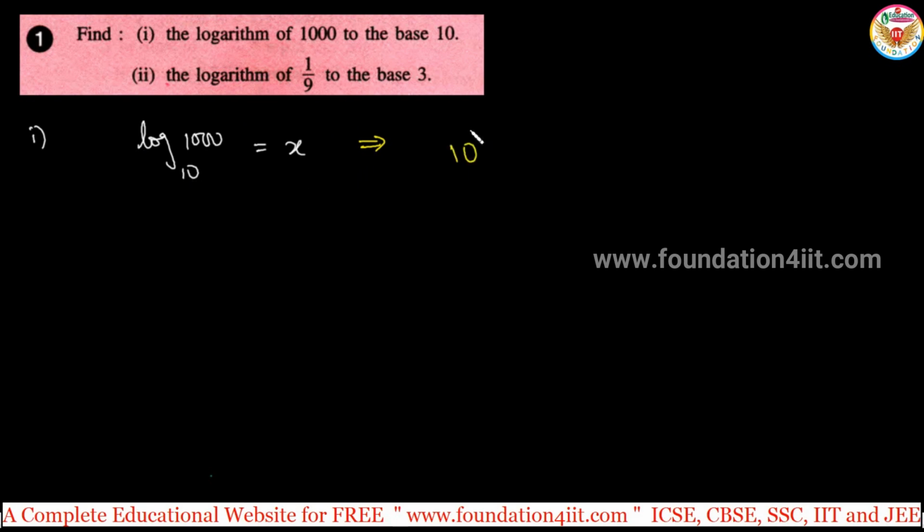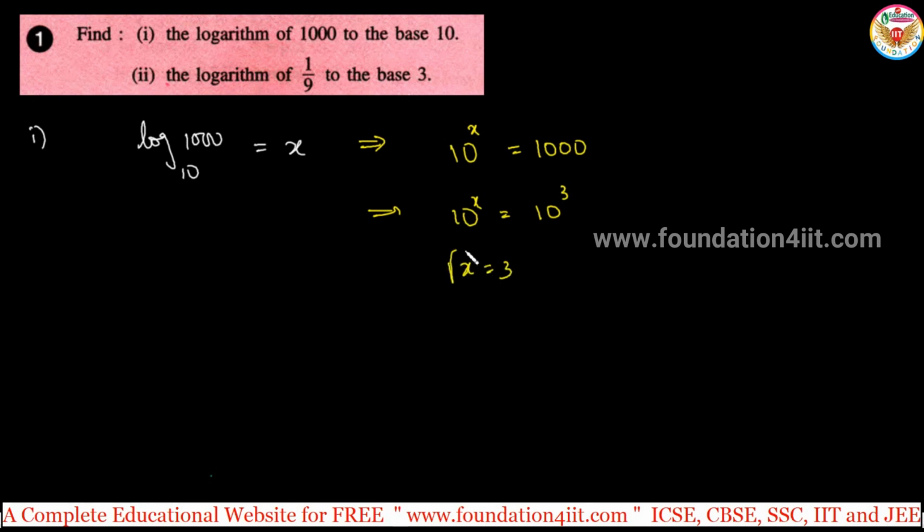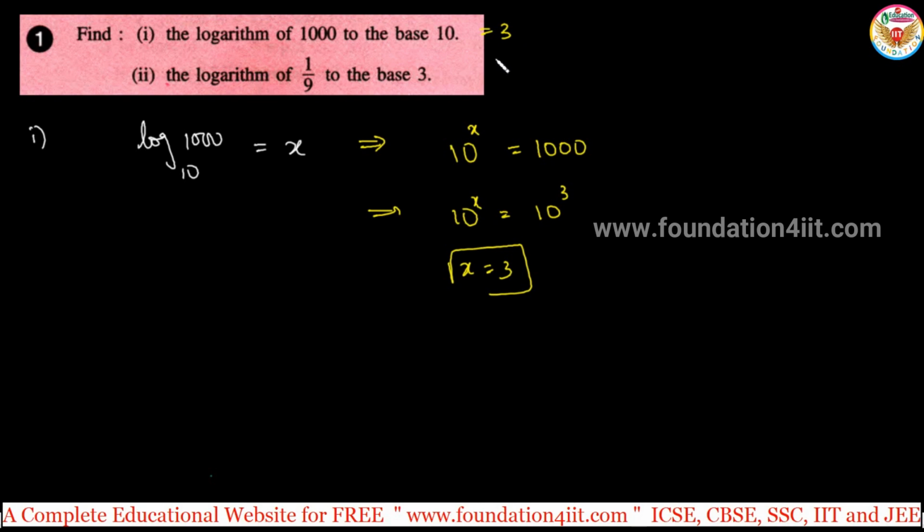So 10 to the power x is equal to 1000. This 1000 and x, just change the places. From this, 10 to the power x is equal to 1000, we can write 10 to the power 3. When the base is the same, we can equate the powers. So x is equal to 3. Therefore, log 1000 to the base 10 is equal to 3.